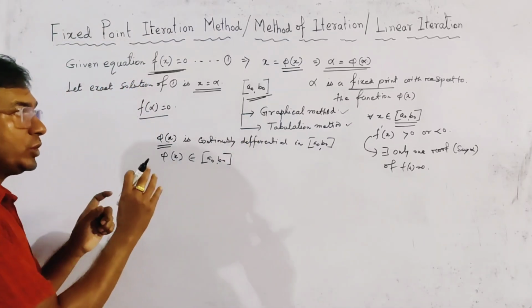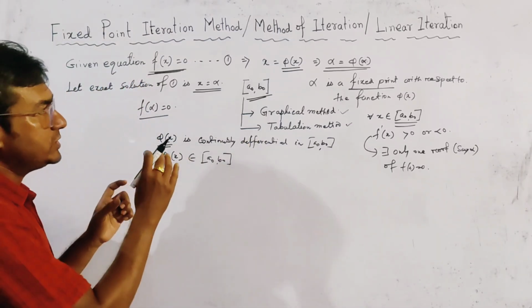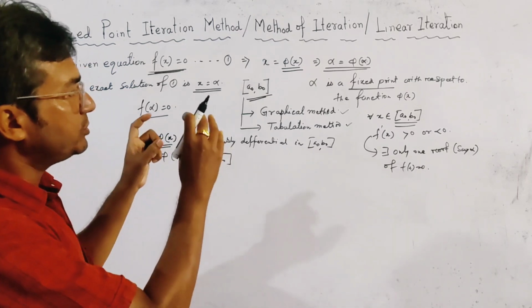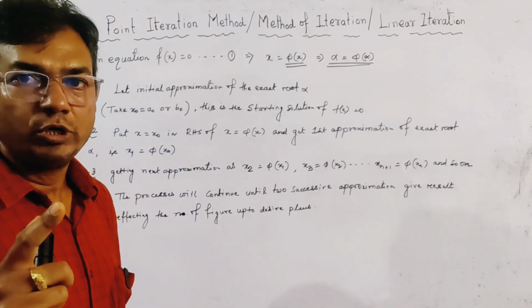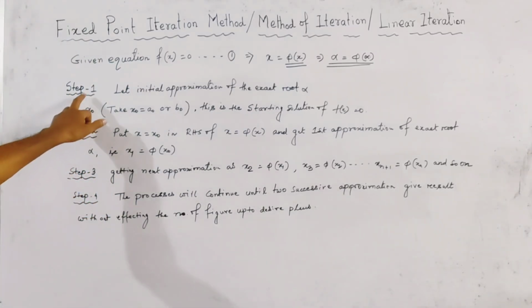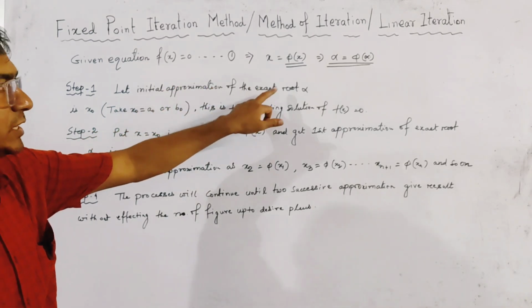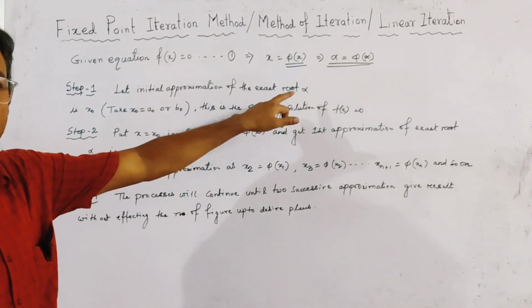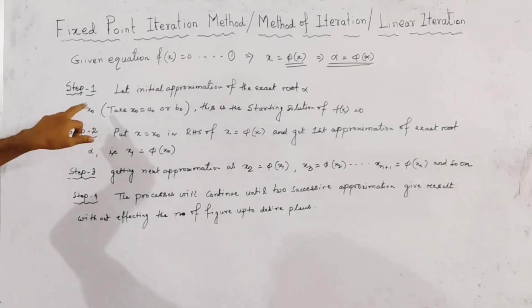Now we go to the main algorithm of this method, and we discuss it in steps. The first step: let the initial approximation of the exact root alpha be x0.